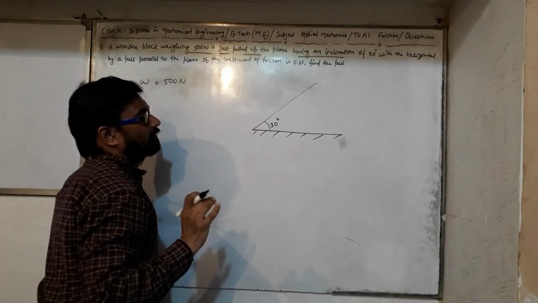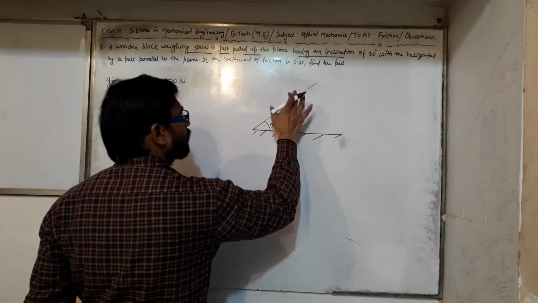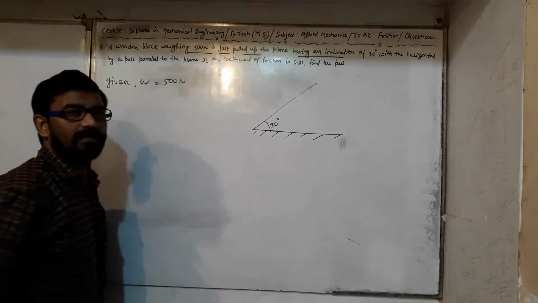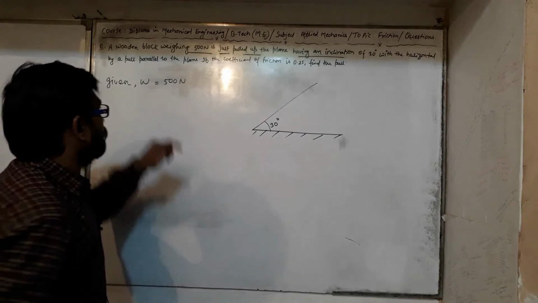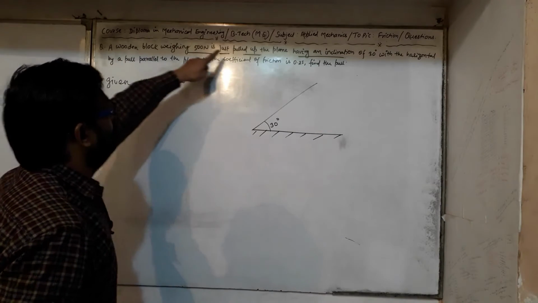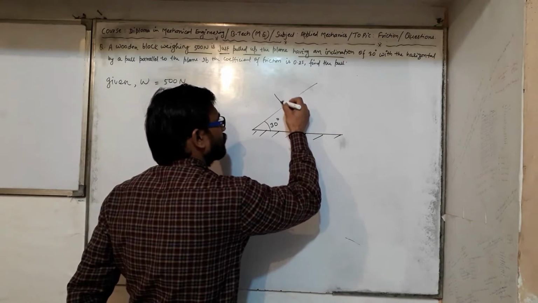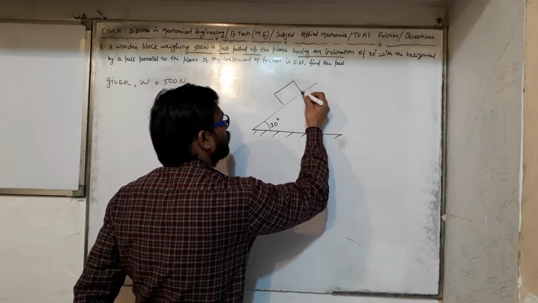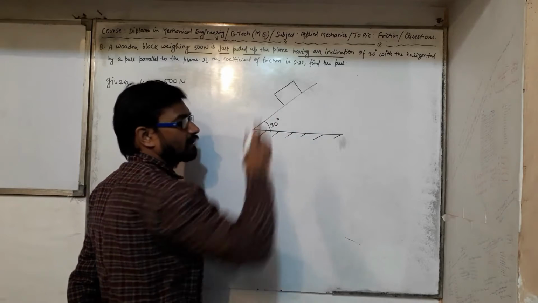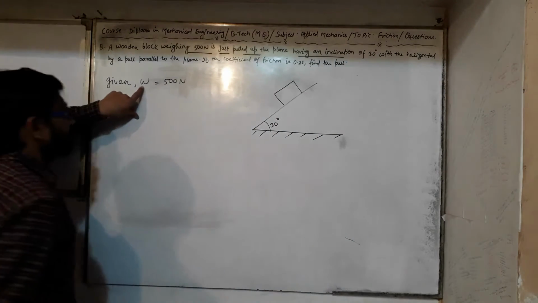This is the inclination of the plane with the horizontal. A wooden block is placed on this inclined plane, and W is the weight.